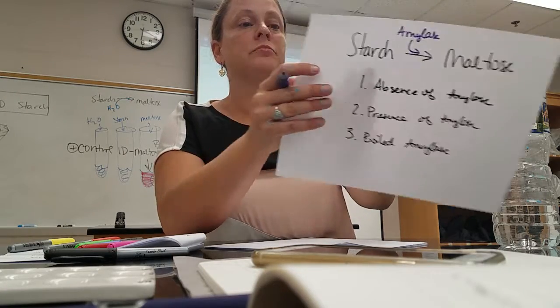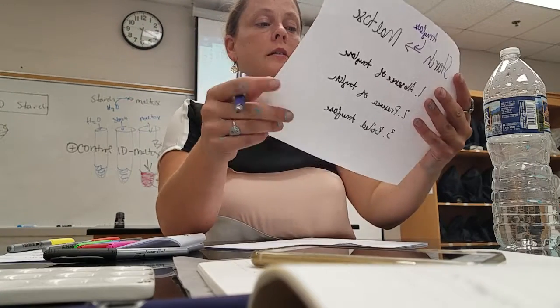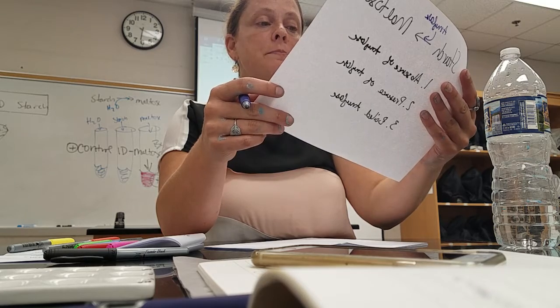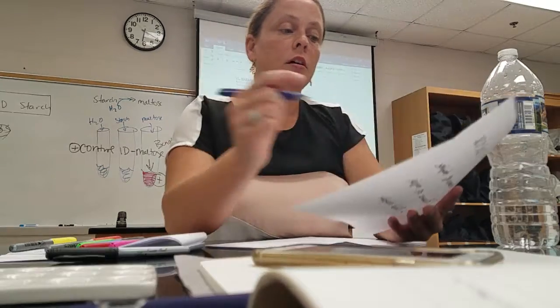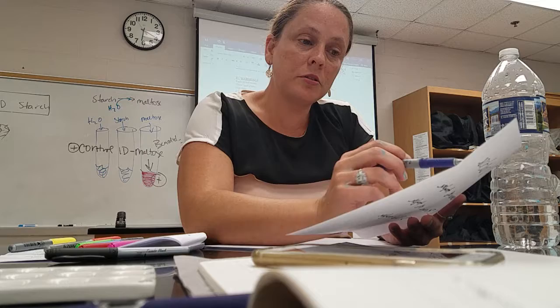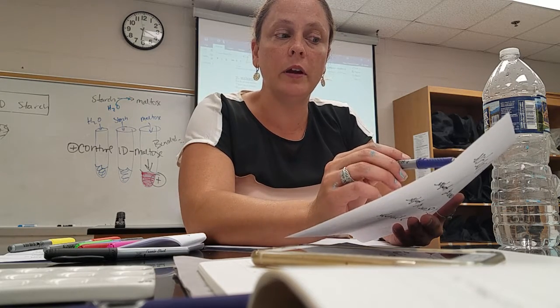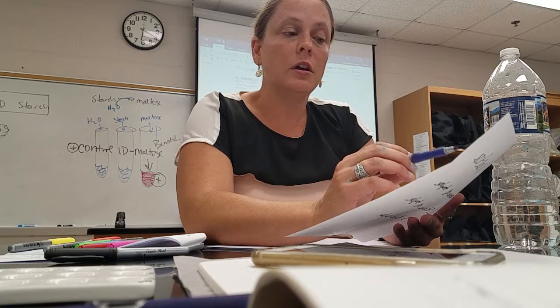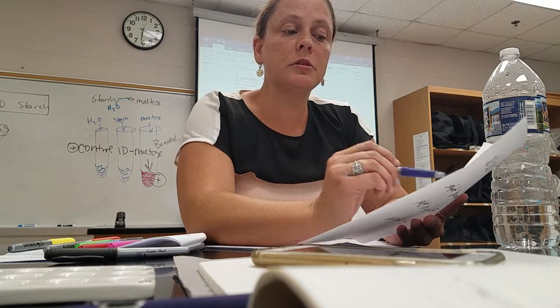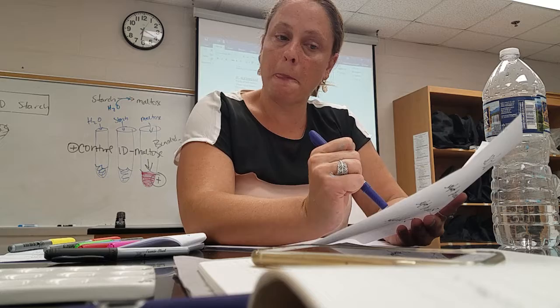The dependent variables then are starch and maltose, because essentially what we're trying to understand is the rate at which maltose is produced. So the rate at which maltose is produced depends on this, right?